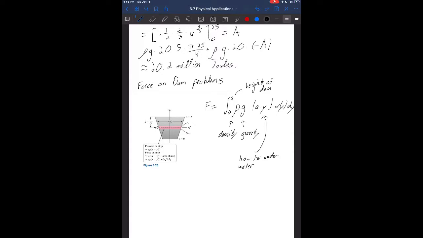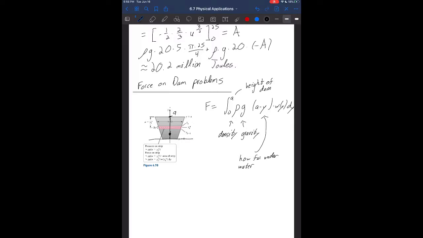So you can think about it, right? If this dam here, in this coordinate system, has a height of A, and we're at some point down here, well, we're Y up from the bottom, and so we are A minus Y from the top, which is where the A minus Y comes from.